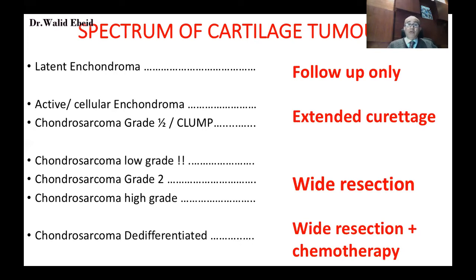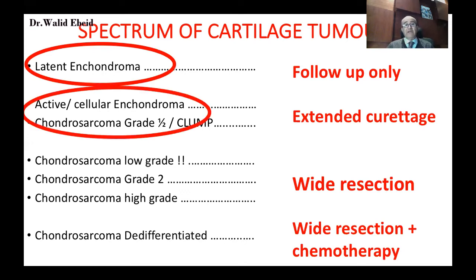So what we need to do to treat the patient with enchondroma is actually to differentiate between latent enchondromas, which will be treated conservatively, versus the ACTs and the low-grade chondrosarcomas, which are going to be treated with extended curettage. So this is a very important differentiation.